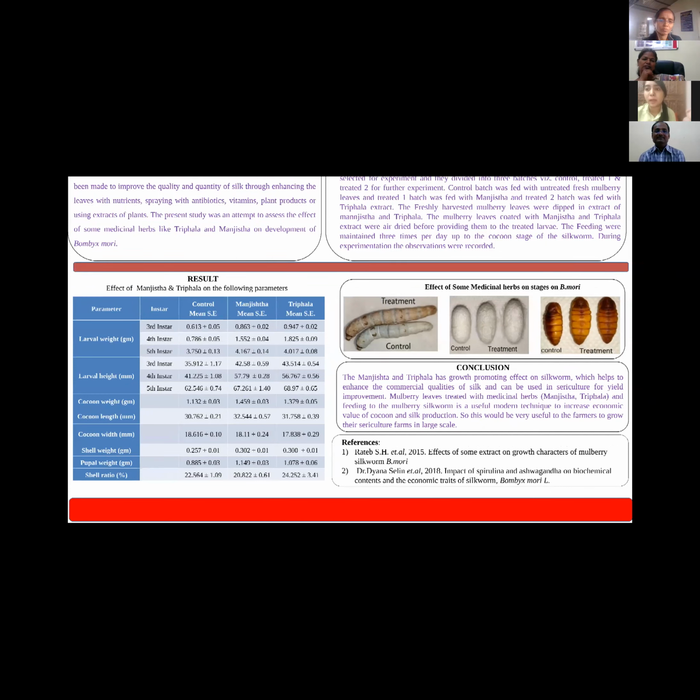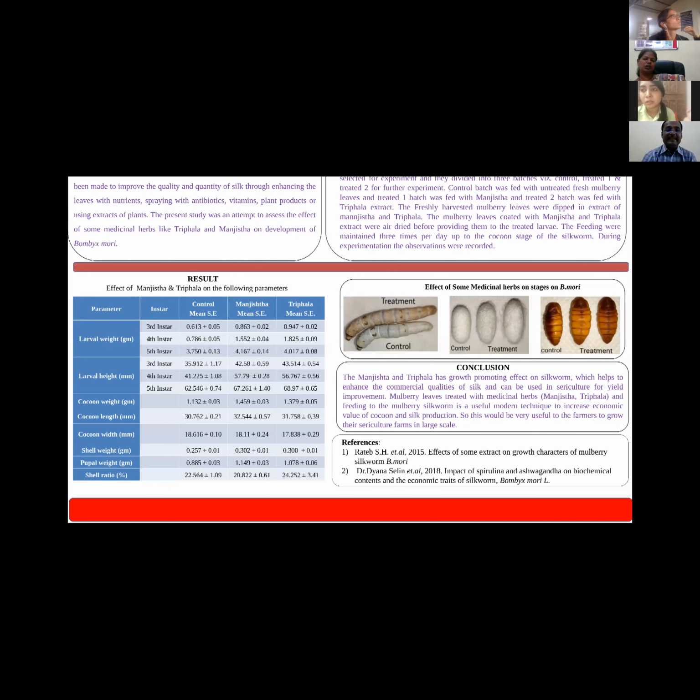Actually, in control, we took 3 batches, ma'am. 1% concentration. But whether your larvae fed on all the leaf, did you study that also? Yes, ma'am. We are feeding our larva 3 times per day, ma'am.